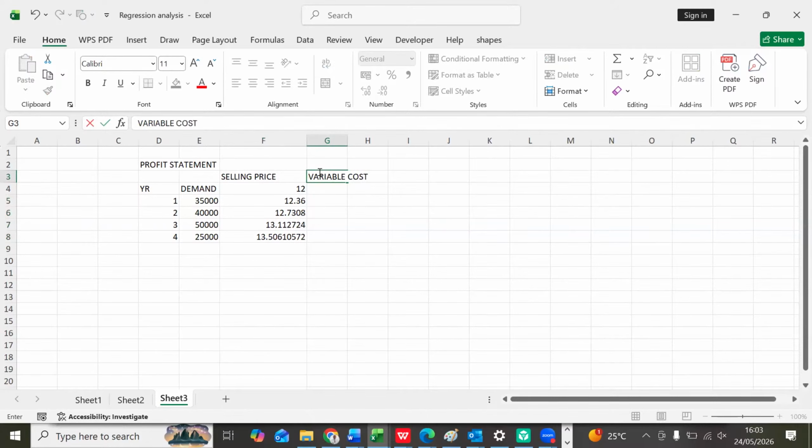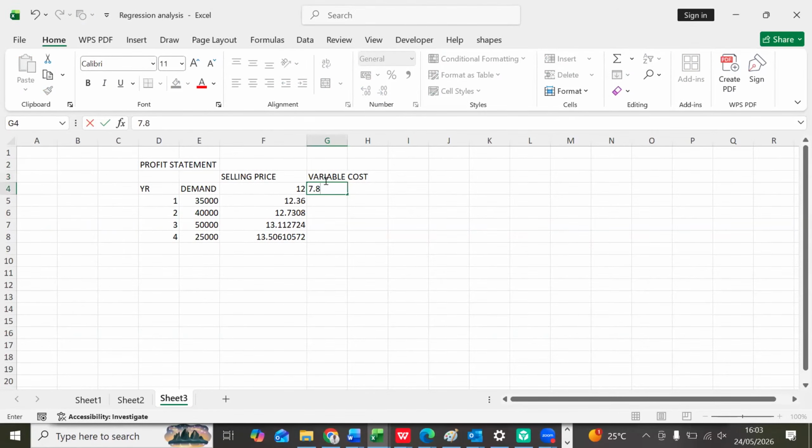So variable cost, is there anybody who is able to see the variable cost given there at time 0? So remember, these are time 0. So 7.8.